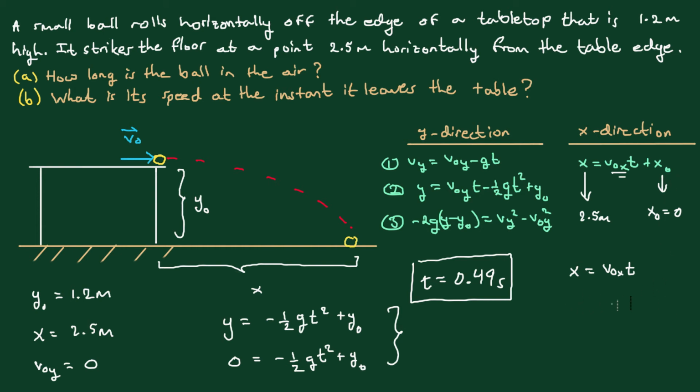Which means we can solve for v0x as v0x is equal to x divided by t. The speed is equal to the distance traveled divided by the time. So if we plug in the value for the time and the 2.5 meters for the x, we find v0x to be 5.1 meters per second.